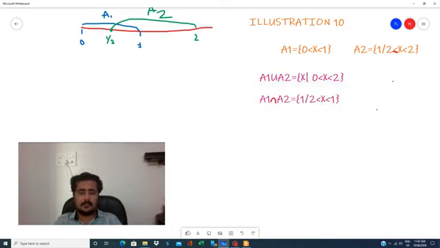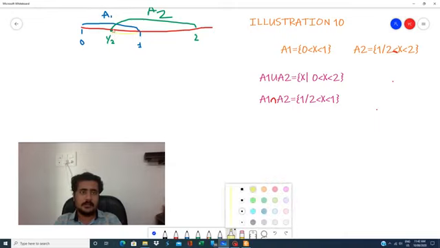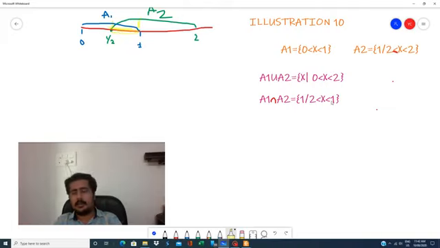Why so? You can see here intersection means common. So it is common from half to 1. See here also it is A1 and A2, and here also it is A1 and A2. So from half to 1 it is common. So I have written intersection here.